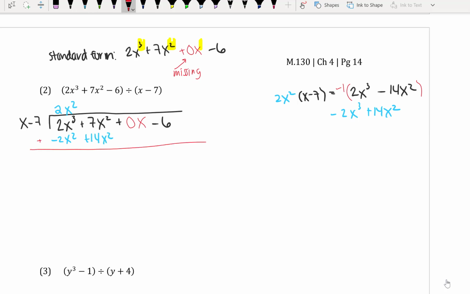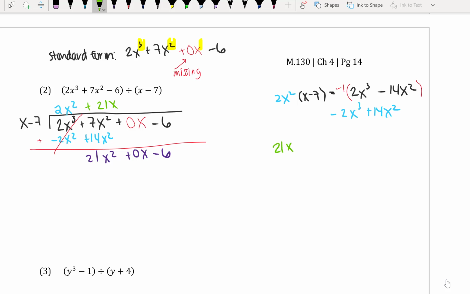Now I'm going to be adding these terms together. So 7 plus 14 is going to give you a 21x squared plus 0x minus 6. So now it's almost like we're starting over again. So, okay, I have to do the division. 1 times a positive 21 gives me a 21, and it needs to be an x.